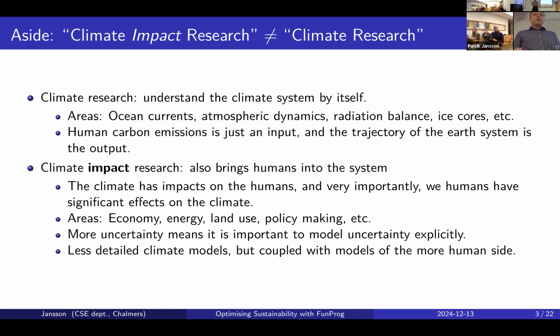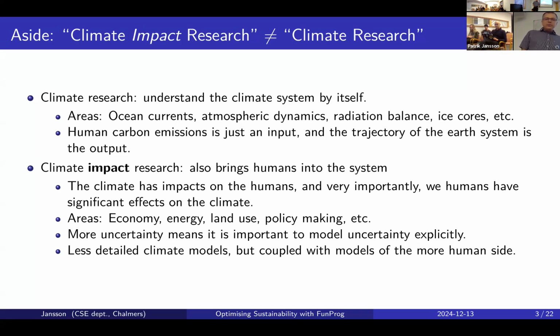Climate impact research, on the other hand, brings humans and their activities into the modeling. So clearly the climate affects us, but we also affect the climate, and areas that are additionally brought in are economics, land use, policy making, and so on. All of these things, as they involve humans, mean that we have lots more uncertainty in our models.